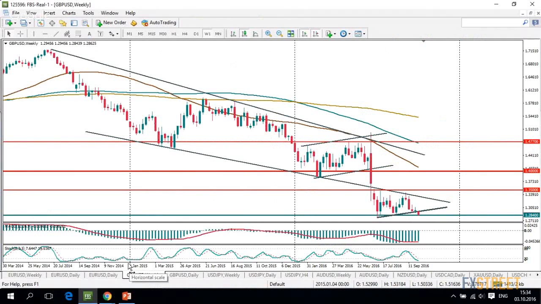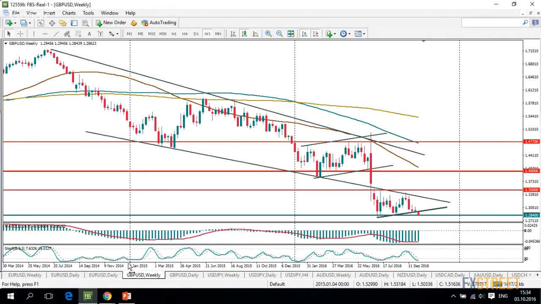Next, we come to the British pound, US dollar currency pair, and the British pound is extremely vulnerable to the market's risk sentiment because of Britain's rather big current account deficit.